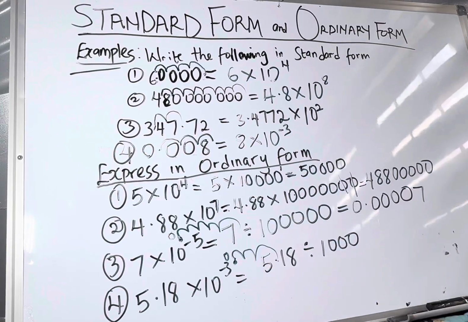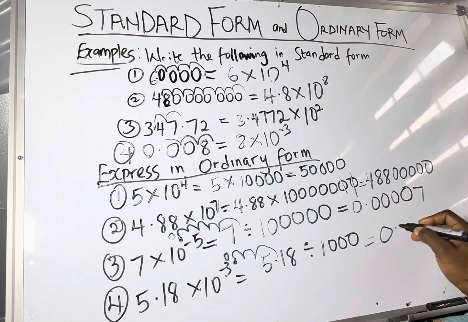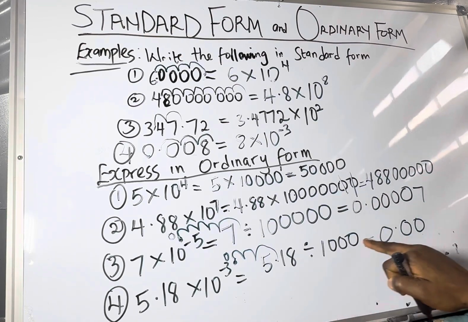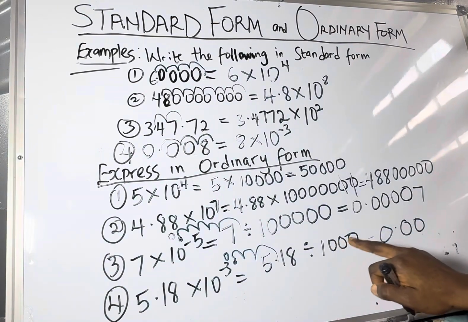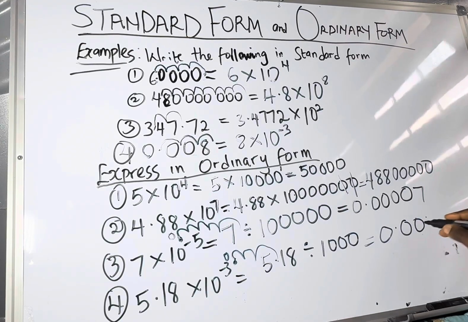Then add my 0 to it. So that gives us 0.00, 1,000 has 3 zeros. Now counting it from behind gives us 0.00518.